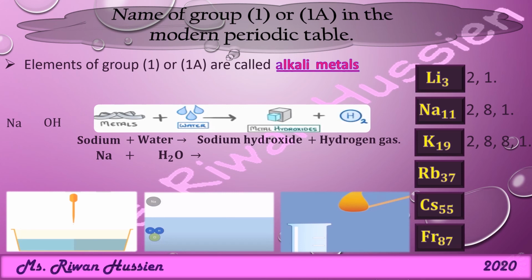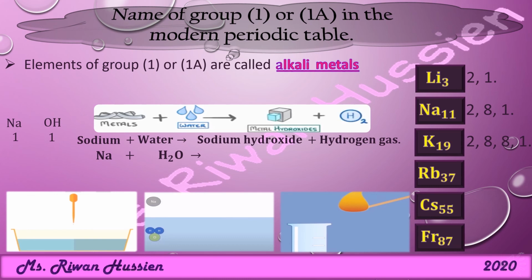Then we write the valency of each element in the compound. So, the valency of sodium is 1. The valency of hydroxide is 1. After that, we exchange the numbers of valency between the two elements.